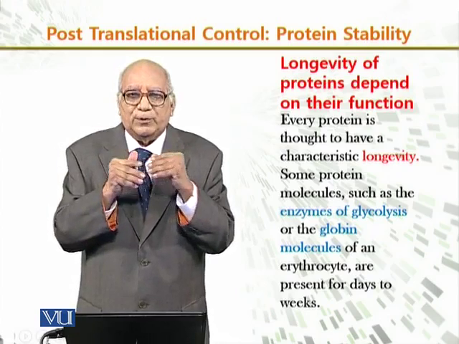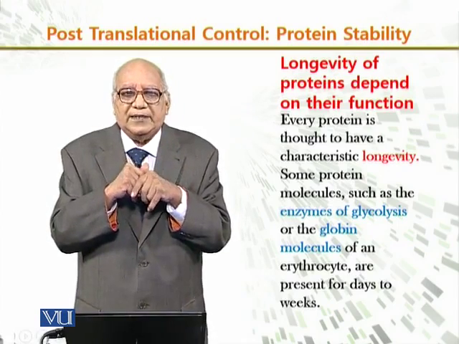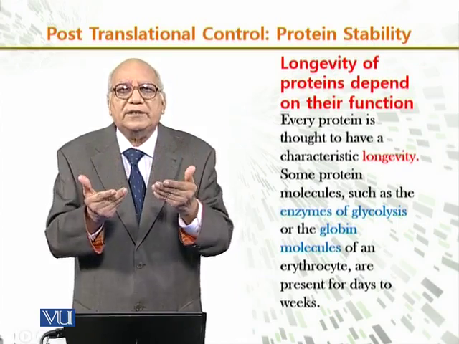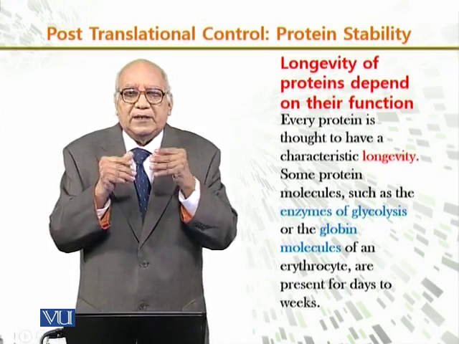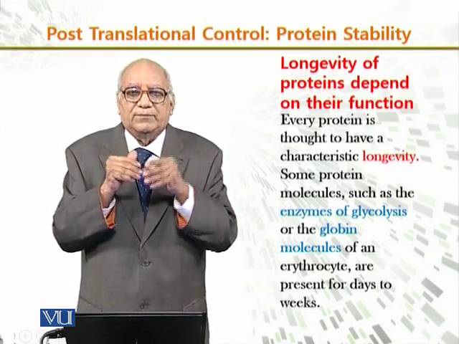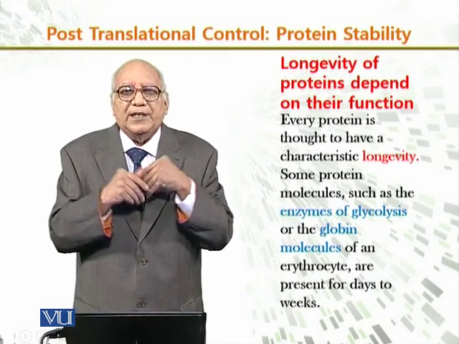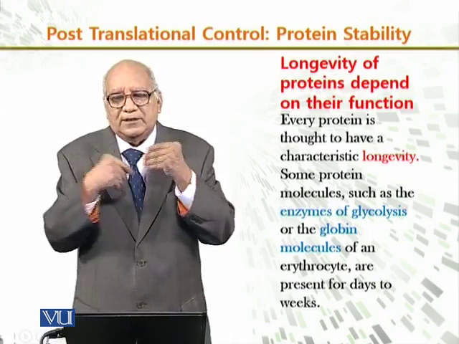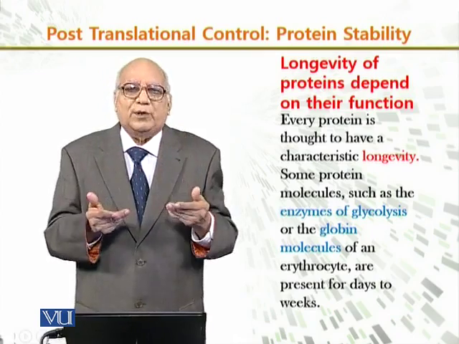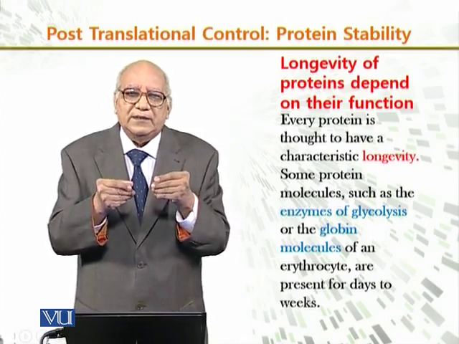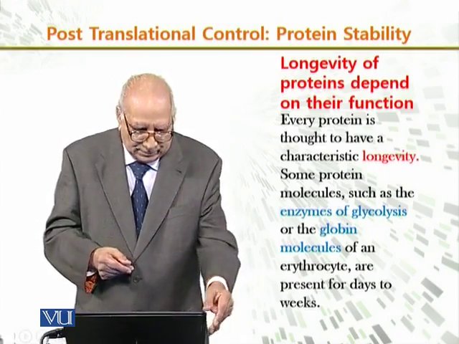For example, some protein molecules, such as the enzymes of glycolysis, or the globin molecules of an erythrocyte, are present for days to weeks, because these are metabolic processes and they are non-regulatory enzymes.